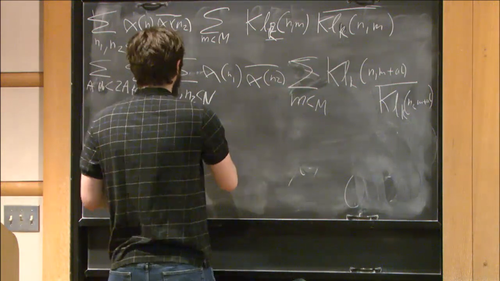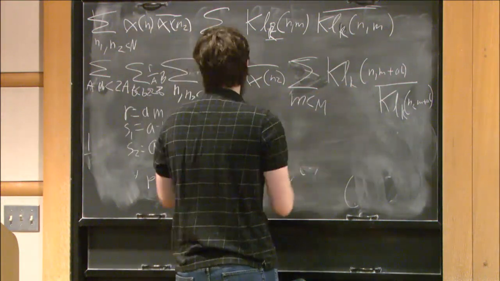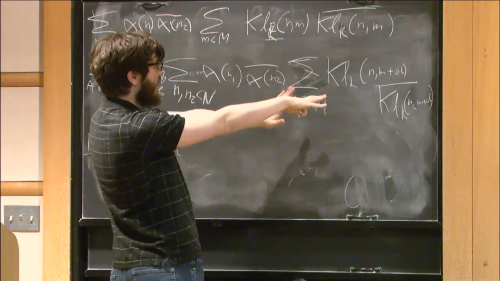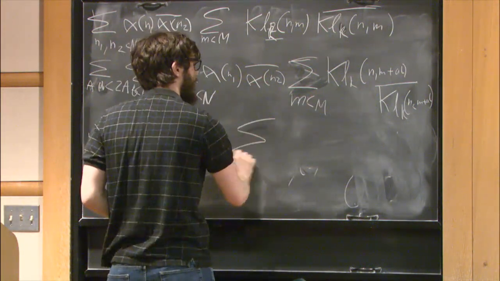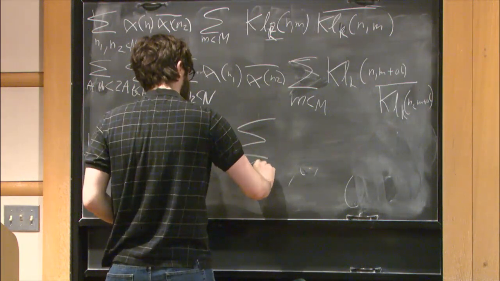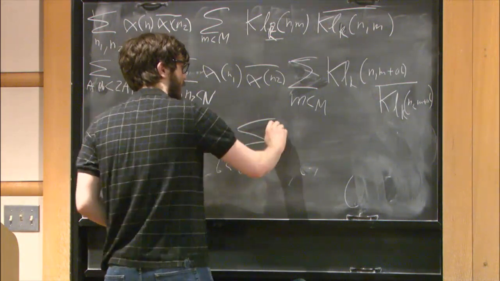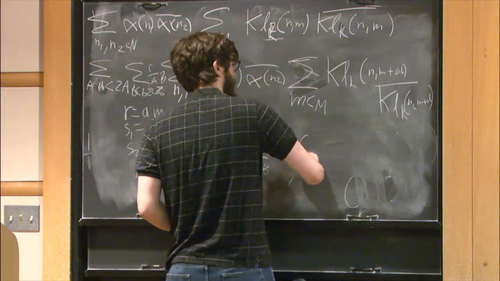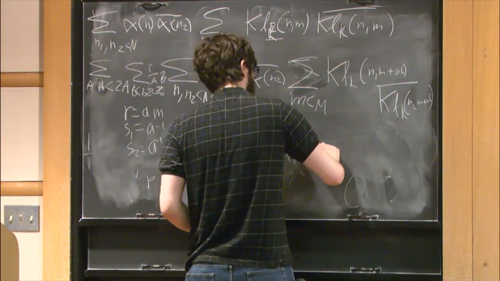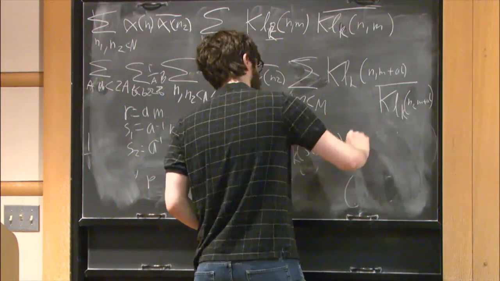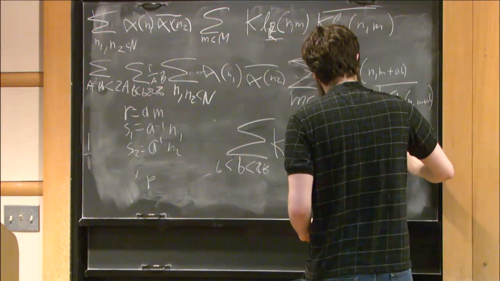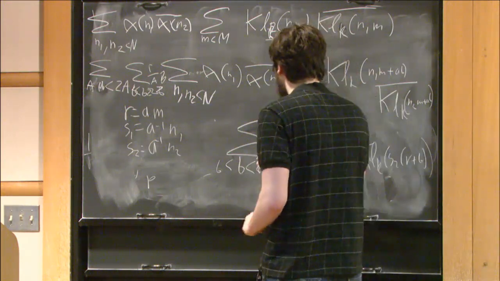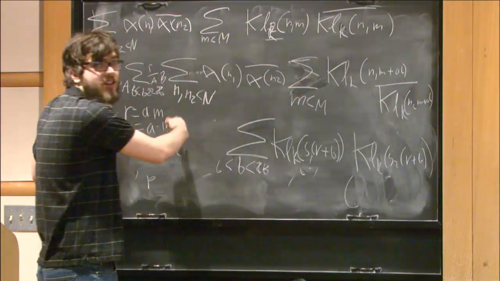And then what we sum is, we just take this, we just sum the Kloosterman sums over B. We just focus on this inner sum over B. And this becomes Kloosterman sum of S1 times R plus B, and this is S2 times R plus B. And then we have some other stuff out here.